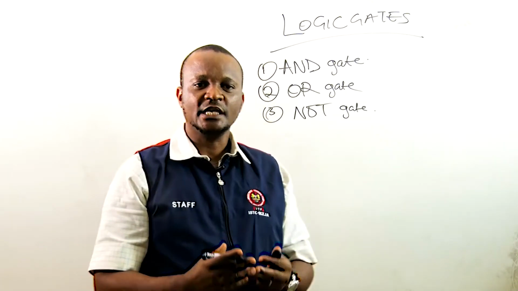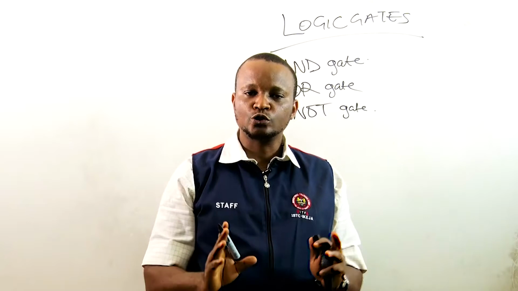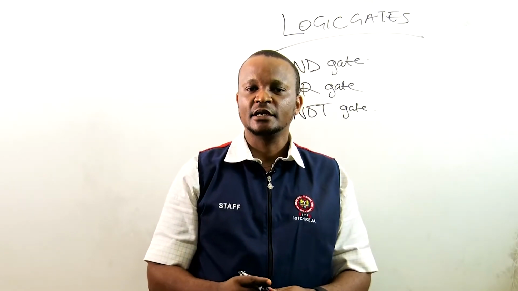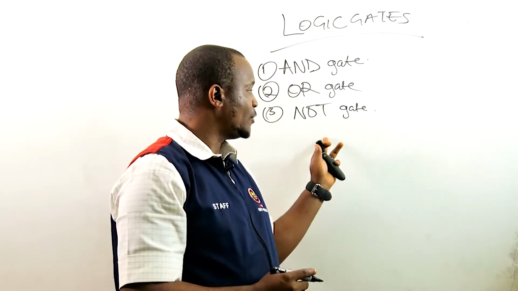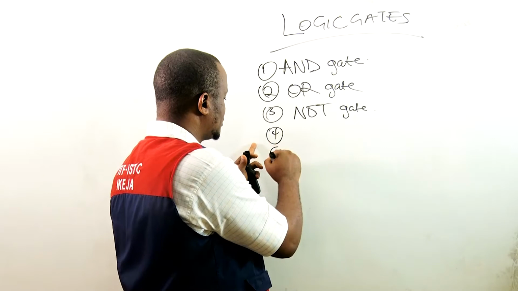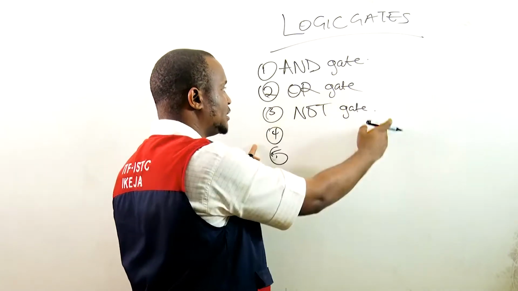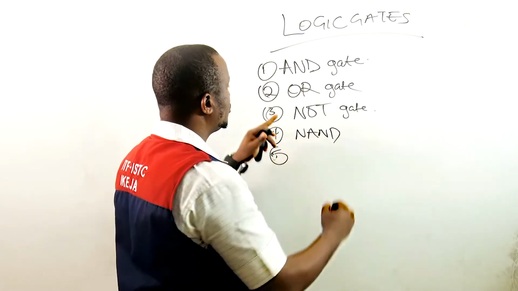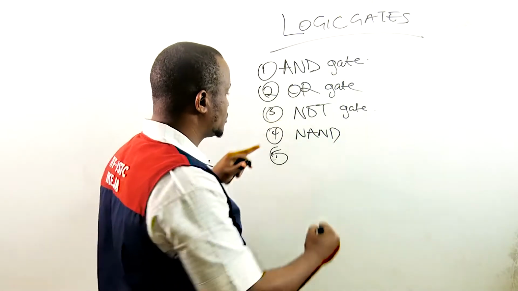Now, a digital system is said to be constructed using logic gates. These gates are what we have mentioned before, and we shall also have about 7 of them, which come from these 3. We have the NAND gate, a combination of AND and NOT.